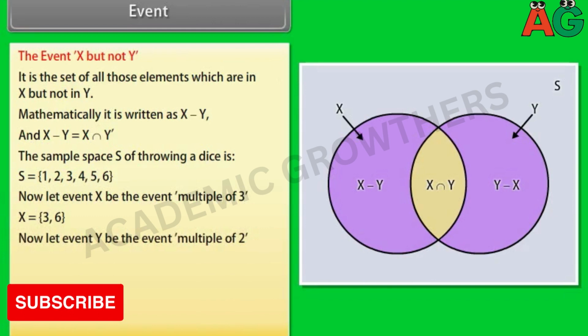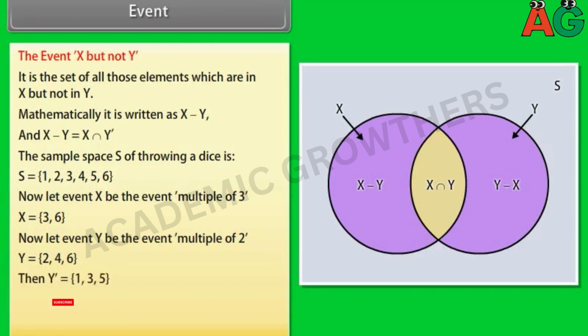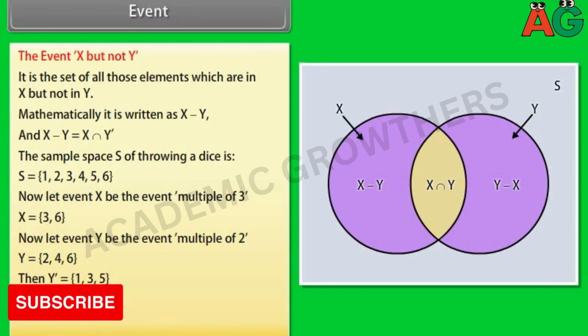Now let event Y be the event multiple of 2. Y is equal to {2, 4, 6}. Then Y dash is equal to {1, 3, 5}. The event X intersection Y dash is equal to {3}.